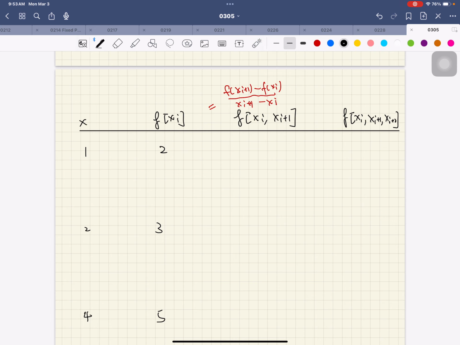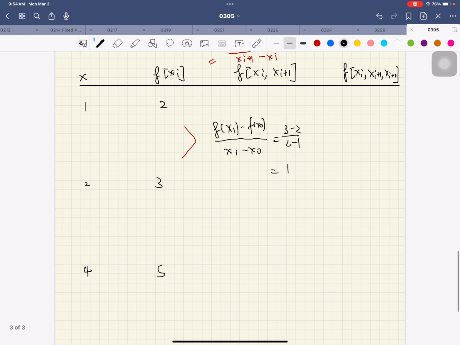We have 2 pairs. The first pair depends on these 2, so we have f(x1) minus f(x0) over x1 minus x0. This gives us 3 minus 2 over 2 minus 1, which is equal to 1.